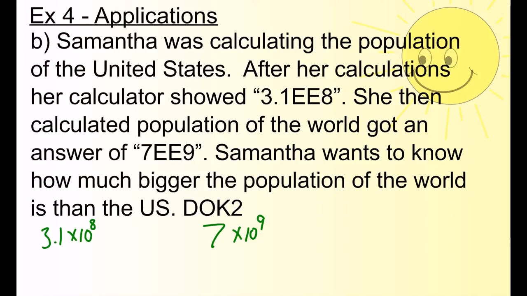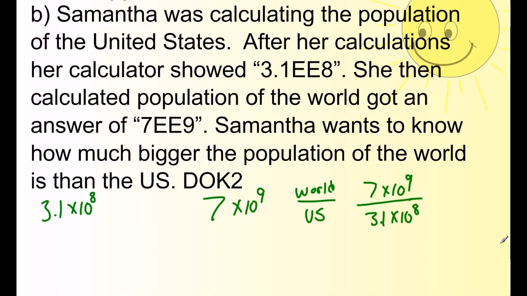And we've actually done this problem a couple times already, just not in this format. We need a ratio, a fraction. So we're going to set up the world population over the US population. So 7 times 10 to the 9th over 3.1 times 10 to the 8th. And if we do the same thing we did in the past couple problems, we're going to get an answer for about how much bigger the world population is than the United States.